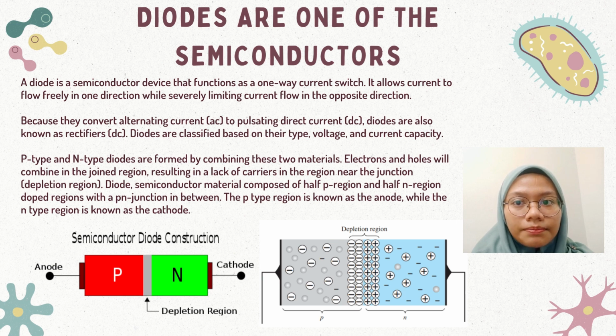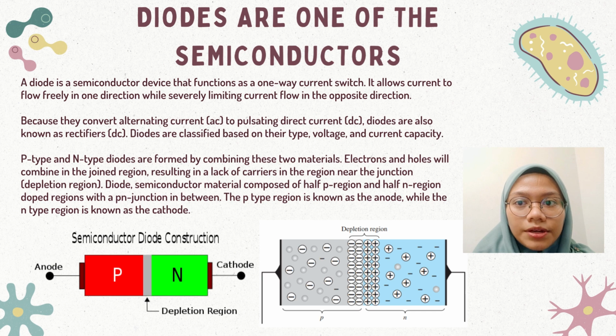Diodes are classified based on their type, voltage, and current capacity. P-type and N-type diodes are formed by combining these two materials. Electrons and holes will combine in the joint region, resulting in a lack of carriers in the region near the junction, called the depletion region.